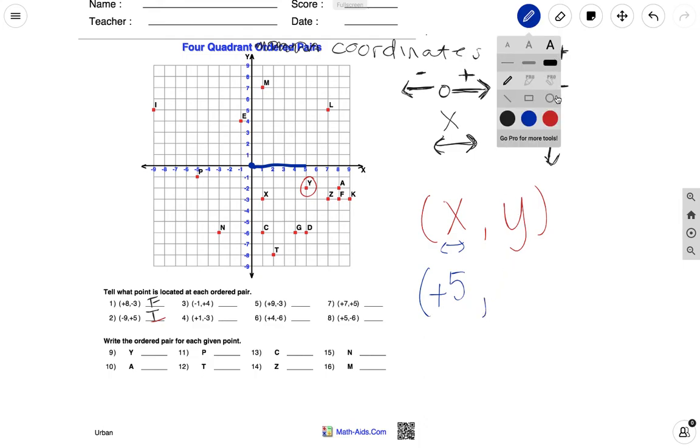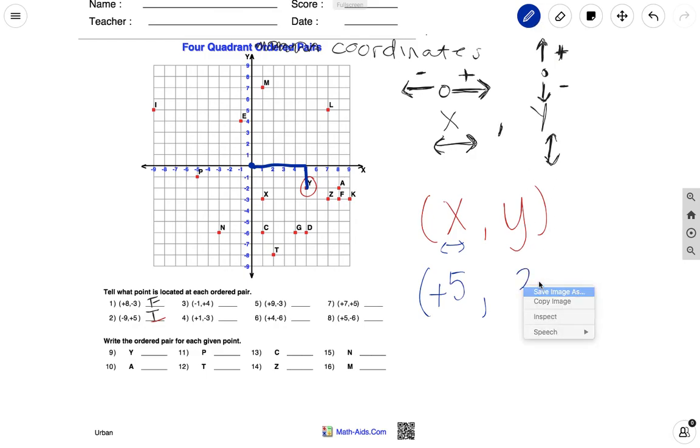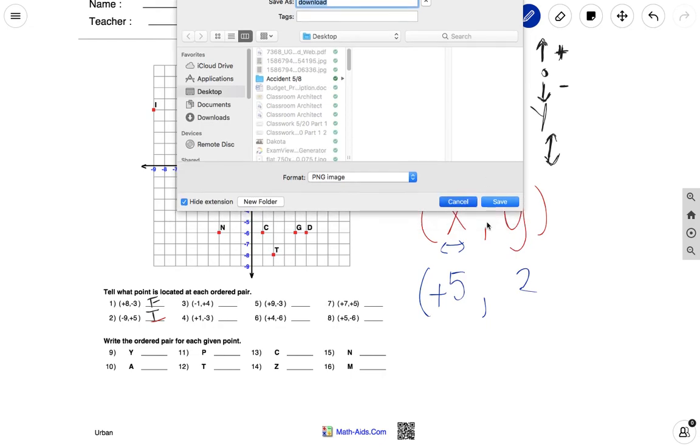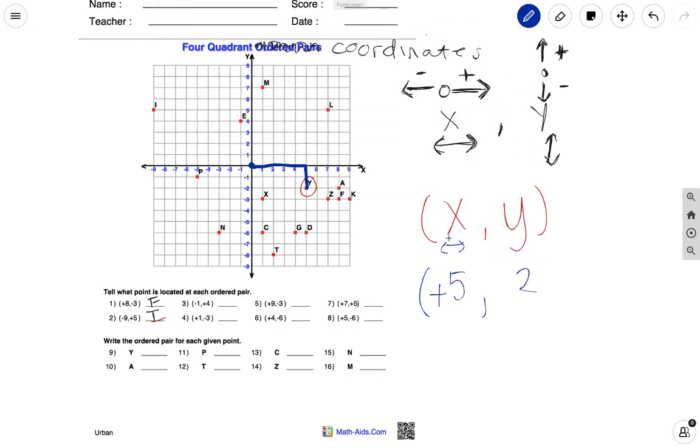Now we have to figure out how many times we had to go up or down to get to Y. Ready? We're going to count. 1, 2. We had to go 2 down. Now I agree we're going to write a 2 here, but if we had to go 2 down, down tells me it has to be negative.